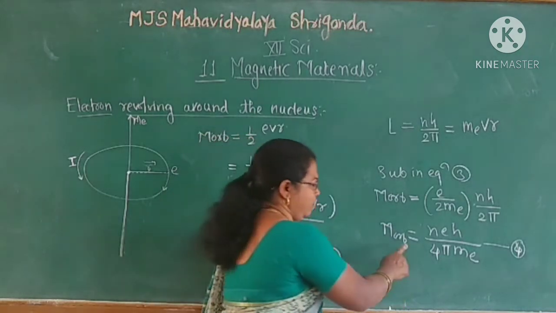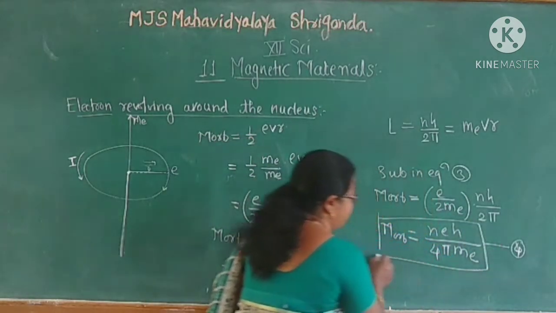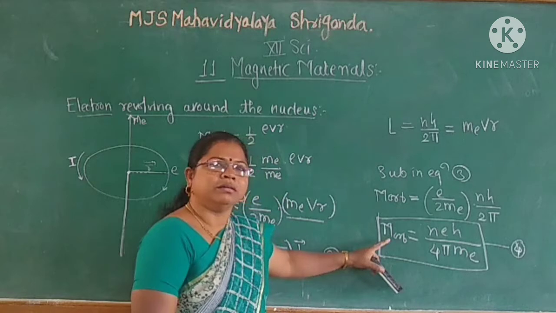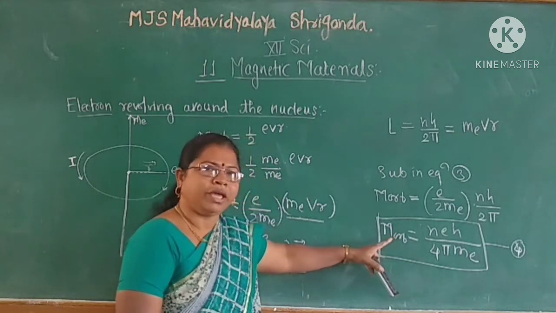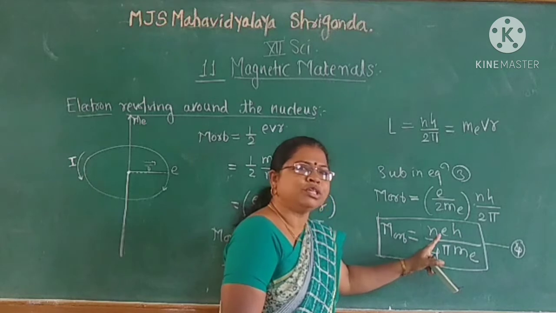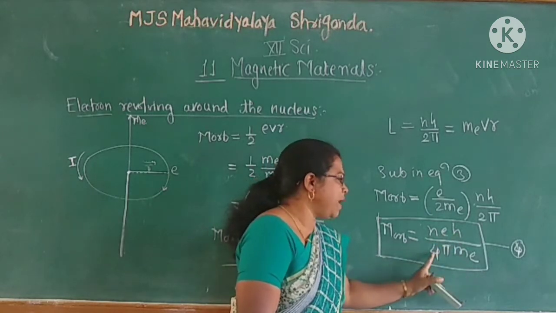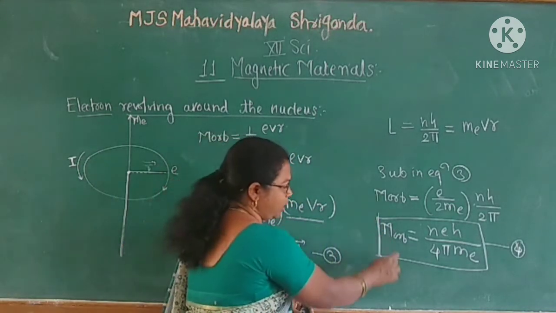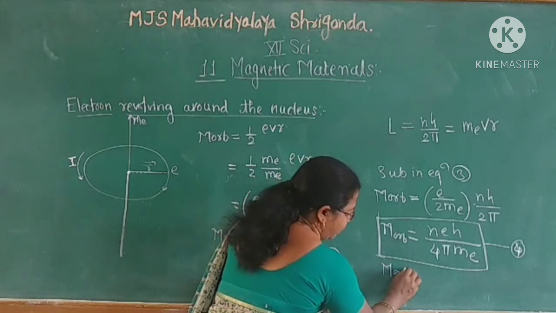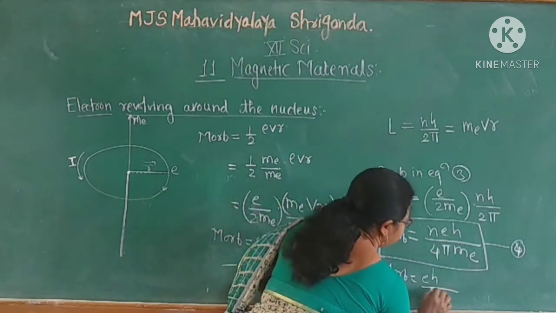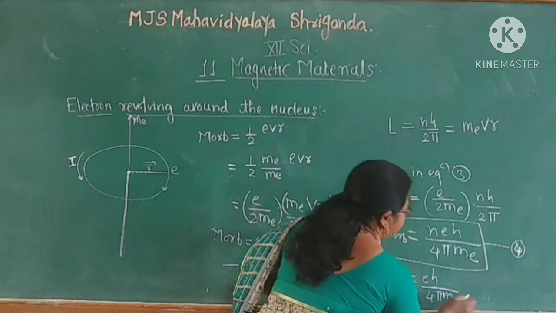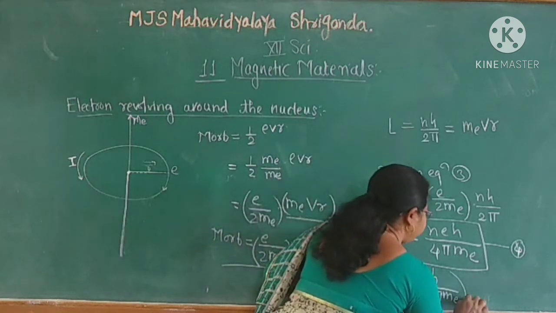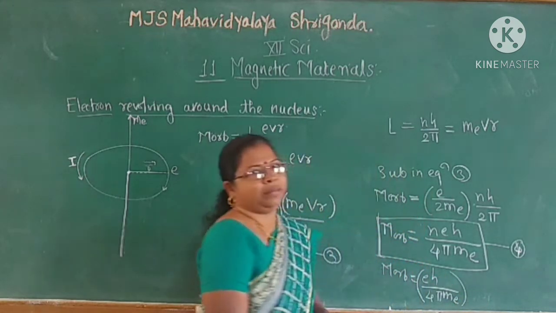Now, this is orbital angular momentum, that is orbital moment. neh, when n is equal to 1, then it is equal to eh by 4 pi me. In the first state, n is equal to 1, therefore m orbital is equal to eh divided by 4 pi me, and this is also called a Bohr magneton.